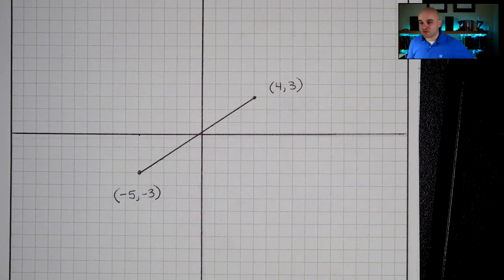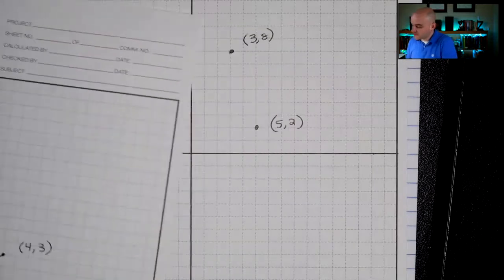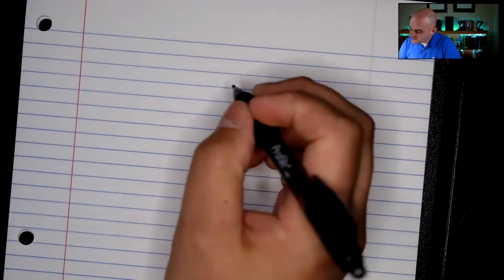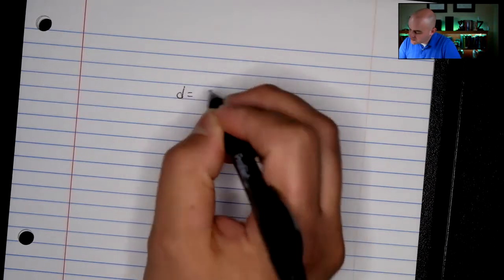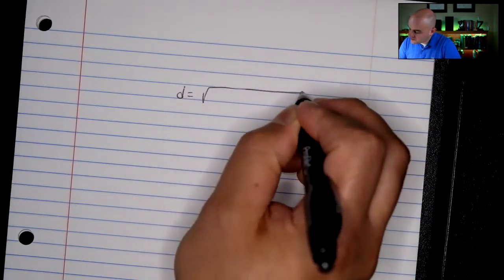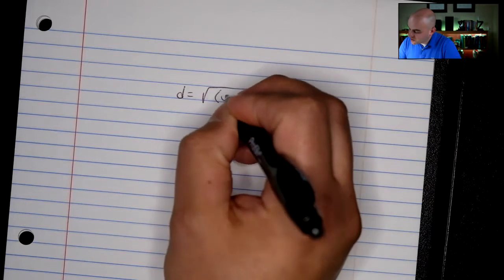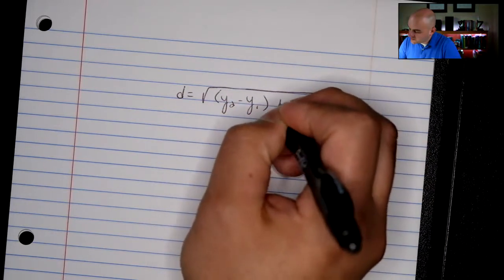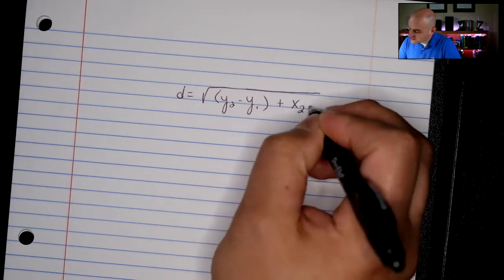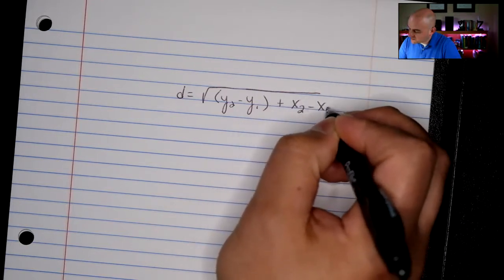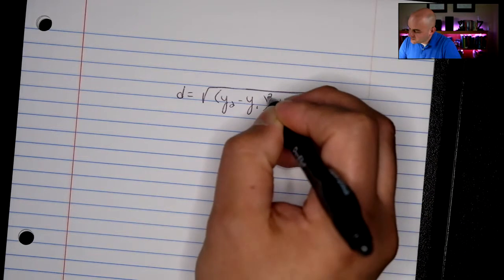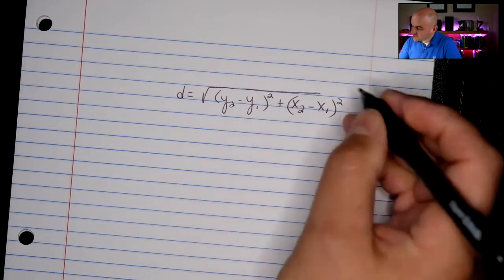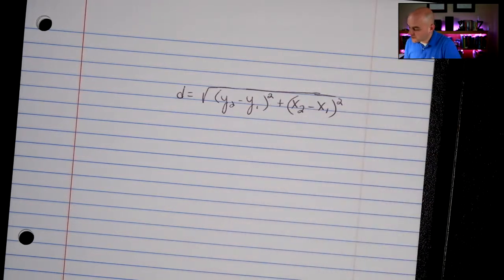So if we write out the distance formula, distance is equal to the square root of (y2 minus y1) plus (x2 minus x1), and these are squared. So this is our distance formula right here.